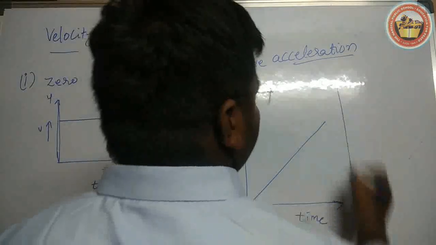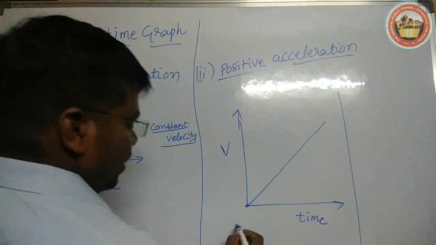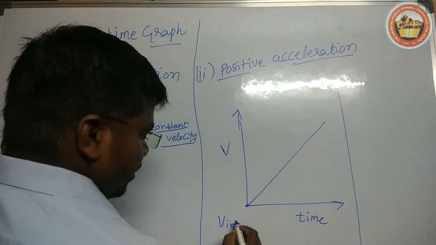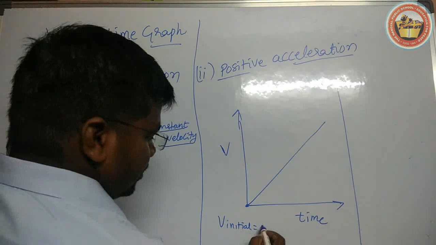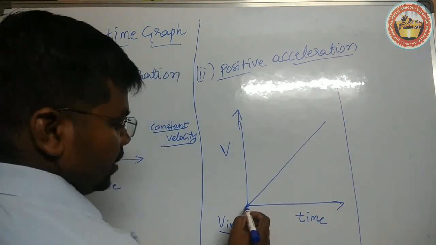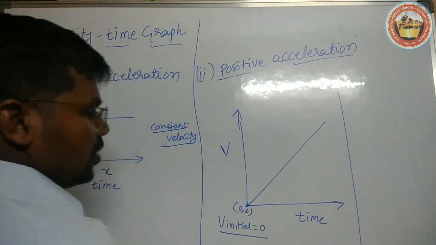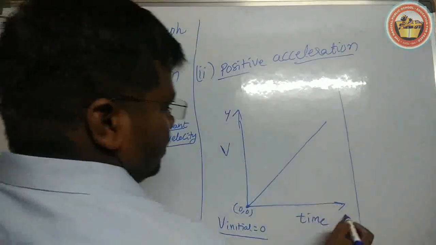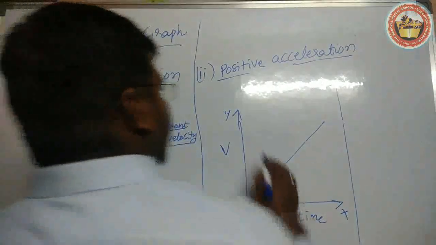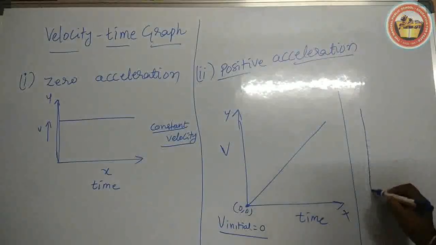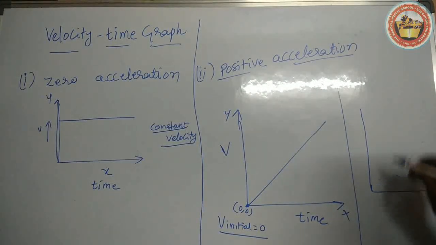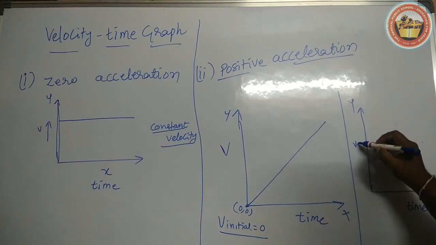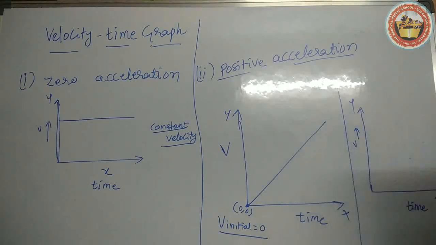Another one has initial velocity 0, V initial 0, which means it starts at the point 0, 0. This is the y-axis, this is the x-axis. Positive acceleration for a particle with some initial velocity. Understand?